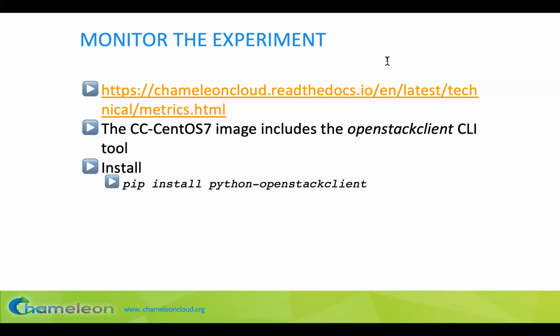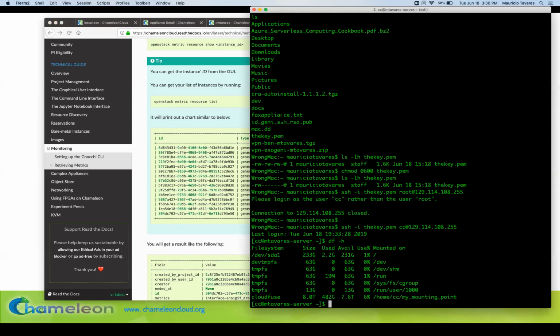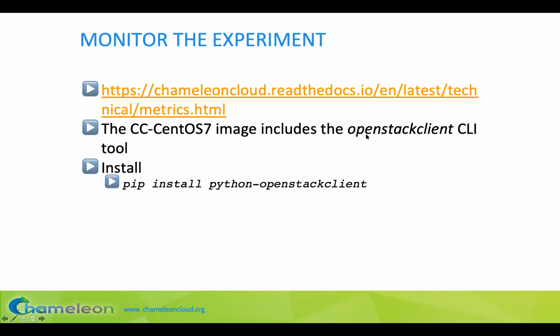If you want to see how you do some monitoring, getting some metrics, go back to our documentation and click on the monitoring page here, and you're going to see some information about how to do that. So here we're going to be using the OpenStack client, which is already installed in this image, so we don't have to install it, but if you're running a different image, you need to install it. This is the command you would use to install it.